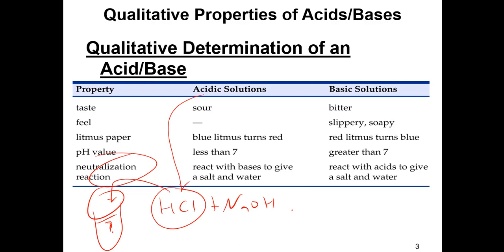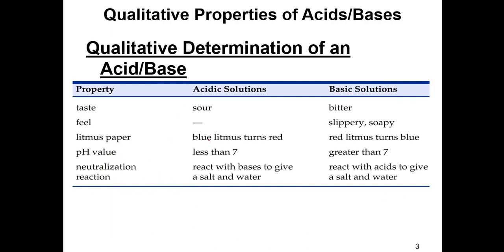So if I mix the known acid with an unknown base, then I should end up with a neutralization reaction, where all of the hydroniums are neutralized with the hydroxides, creating a neutral solution of sodium chloride and water, for example. So for acidic solutions, by adding a strong base, it will produce a salt and water. If I'm dealing with a basic solution, then by adding an acid, it creates salt and water.